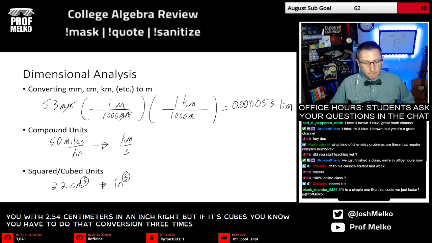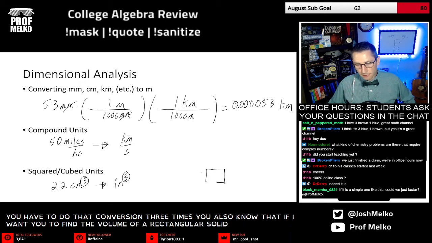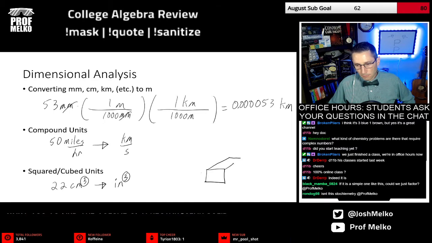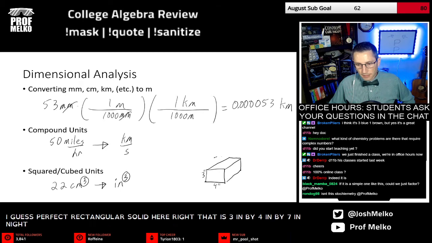You also know that if I want you to find the volume of a rectangular solid, look at this perfect rectangular solid here. That is 3 inches by 4 inches by 7 inches, nay, 17 centimeters.